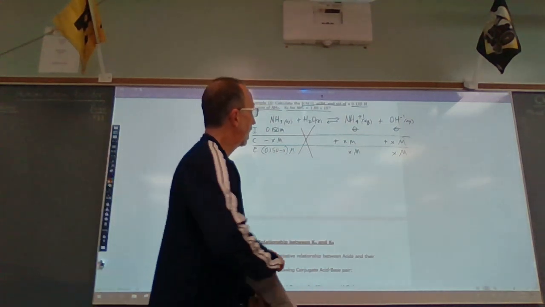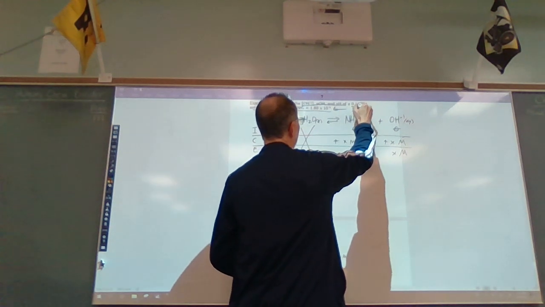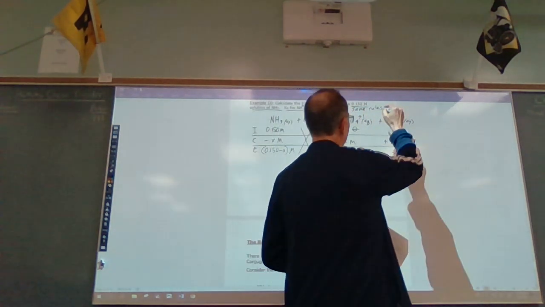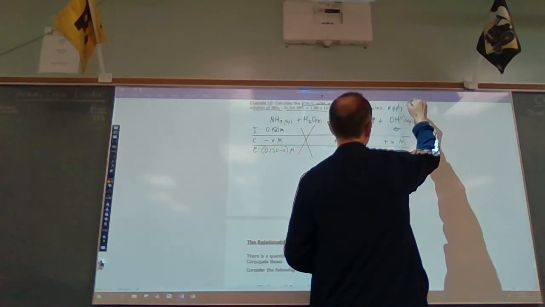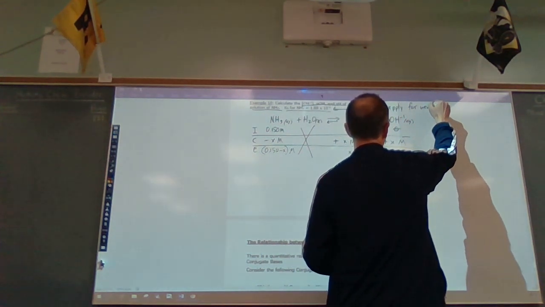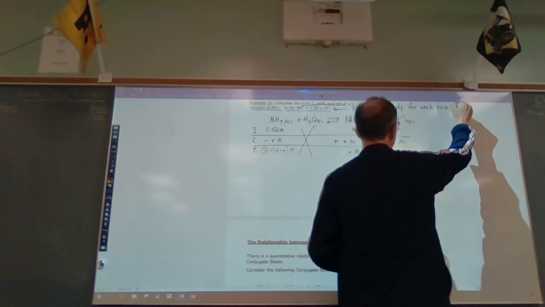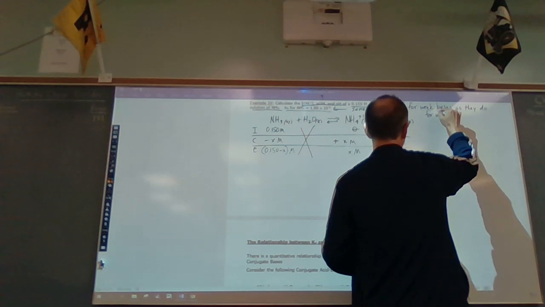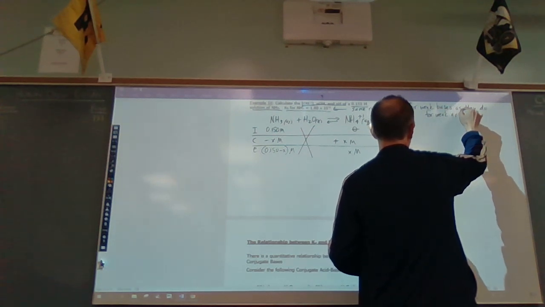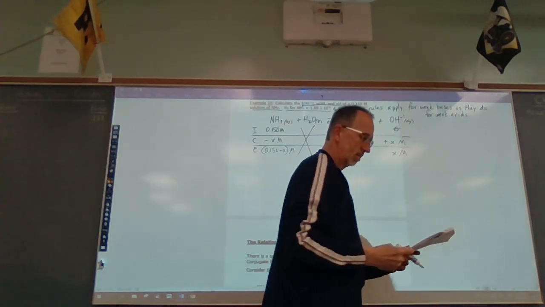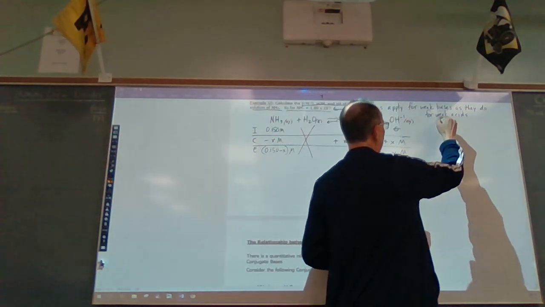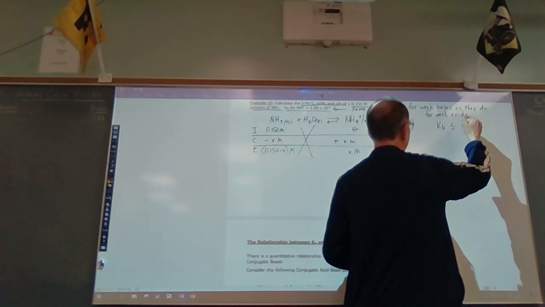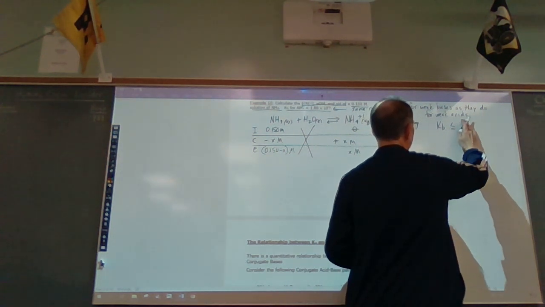Because the same rules apply for weak bases as they do for weak acids. And that is, if Kb is less than or equal to 10 to the minus 4th.